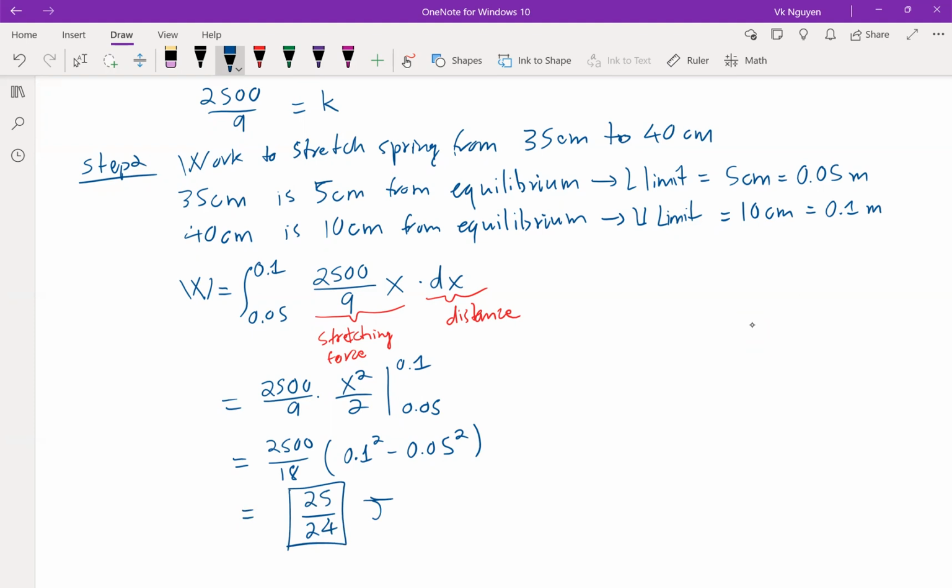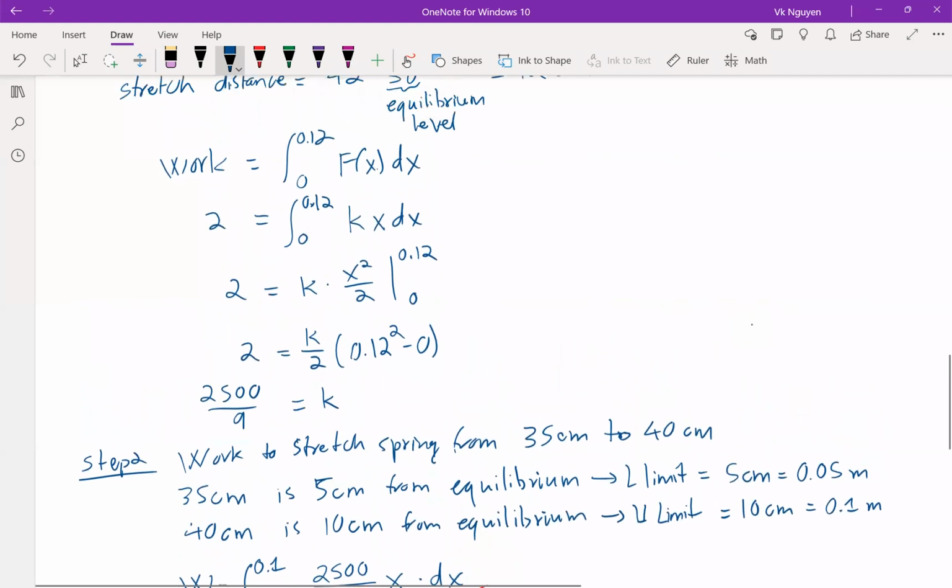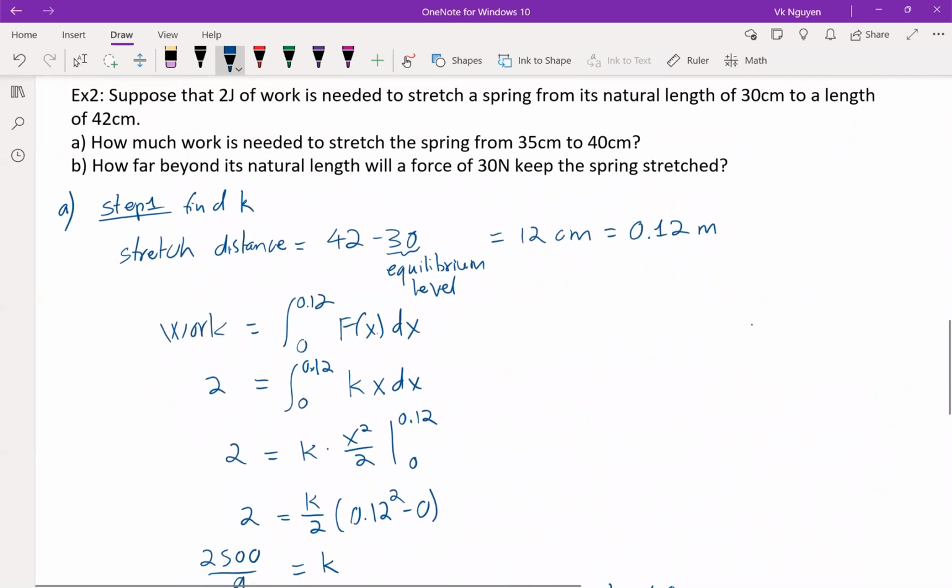In Exercise 2, part B, we are asked how far beyond its natural length a force of 30 Newtons will keep the spring stretched. Well, this problem has nothing to do with work, so we don't have to use integration.